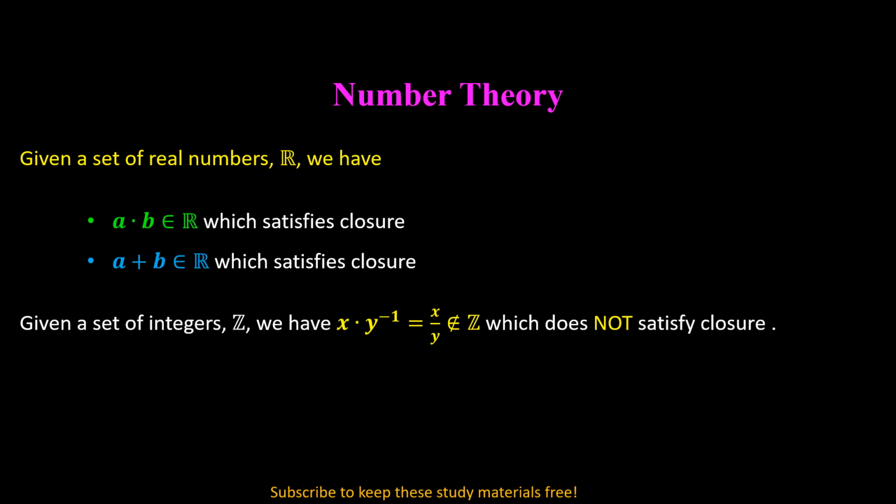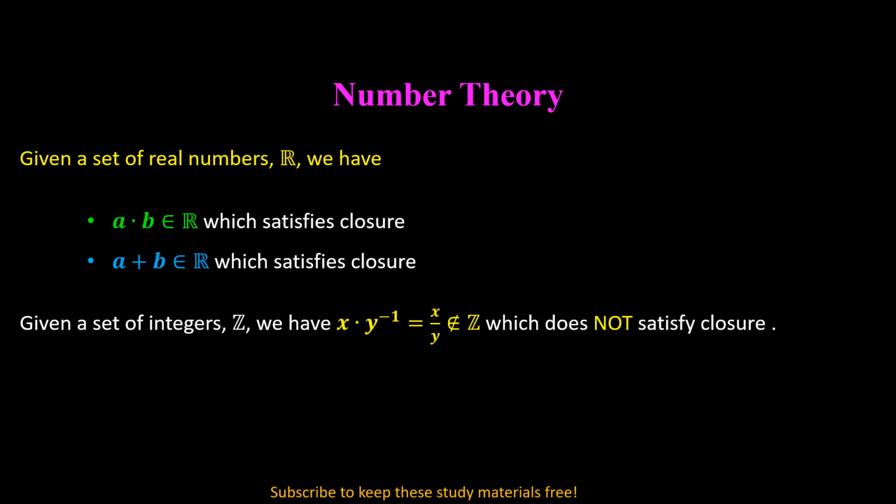It says given a set of integers, and they say Z, because Z stands for the integers, we have x times x to the -1 equals x over y, but that's not in the integers. So what they're saying is, if you take x, it's a whole number, an integer, it can be negative, it can be positive, but it's a whole number.